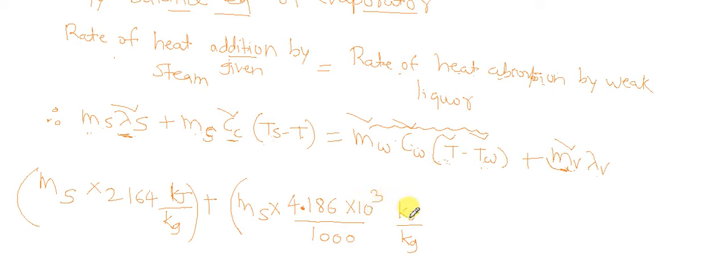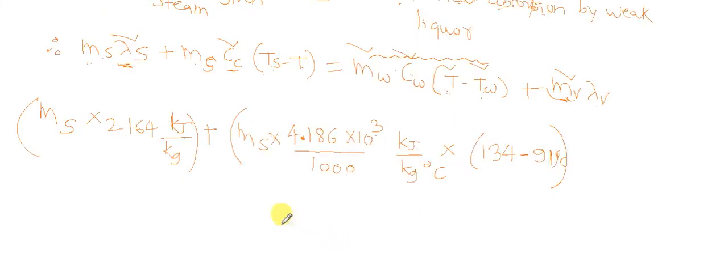They have given this value in joule, but we want kilojoule, therefore I am dividing by 1000. Okay, and per degree Celsius, into the temperature difference. How much is the temperature difference? 134 minus T, meaning minus 91. So here the unit will be degree Celsius. This is related to this MS: 4.18 into 10 raised to 3 divided by 1000, because I want it in kilojoule.